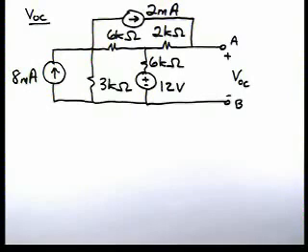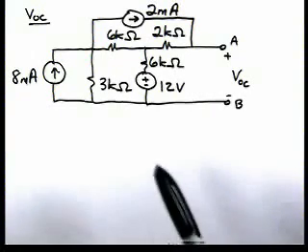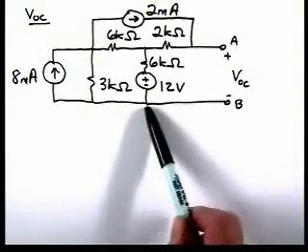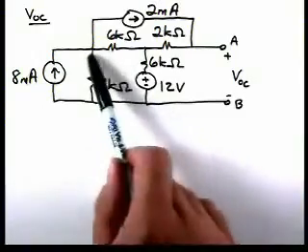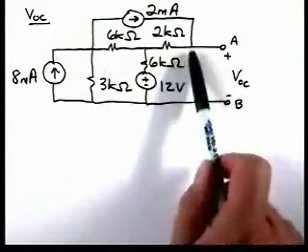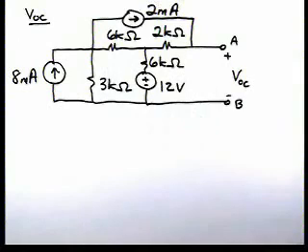If we think about our two main techniques, nodal and mesh, we could do it with nodal. We'd pick the reference node, and we'd have 1, 2, 3, possibly 4 node voltages.